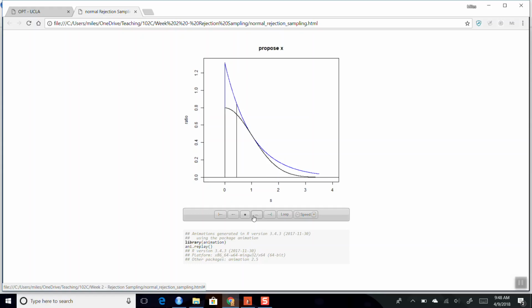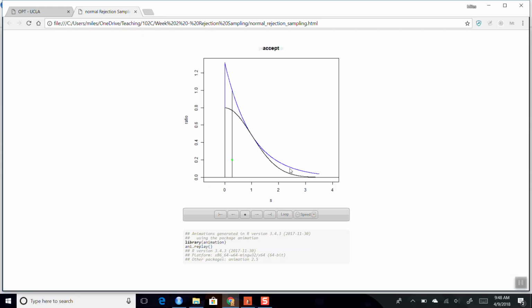Even though we are sampling values from over here quite a bit, because we are comparing that to the normal PDF, we say, oh, we don't want to accept every single one of these. And we're going to reject quite a few. When they're tangential, we're going to accept pretty much every single one of these values. And then down over here, we're going to reject quite a few.